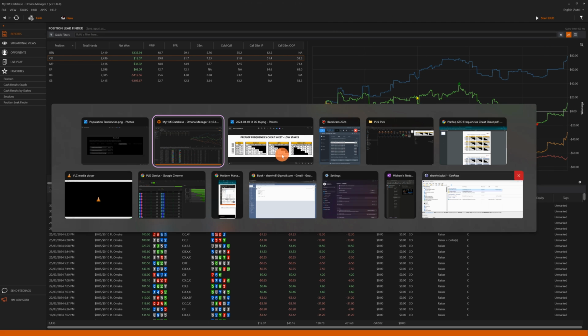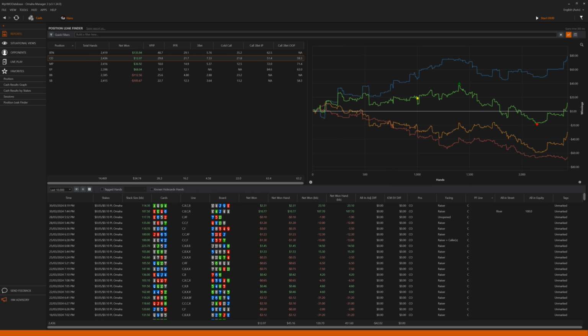The other thing to take note of is the stack size. We're going to try and keep the stack size to 100, just for simplicity. So when we look at PLO Genius, we can just have the one sim of 100 BB.